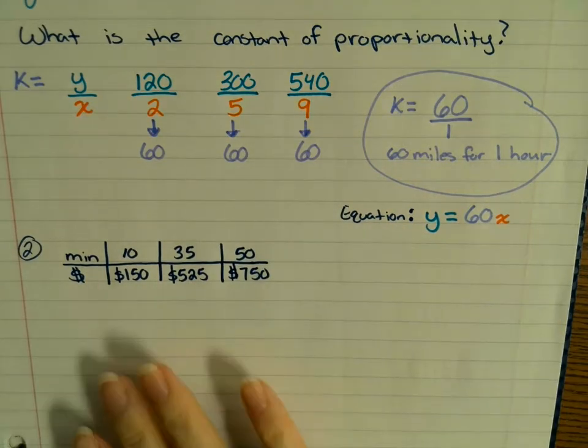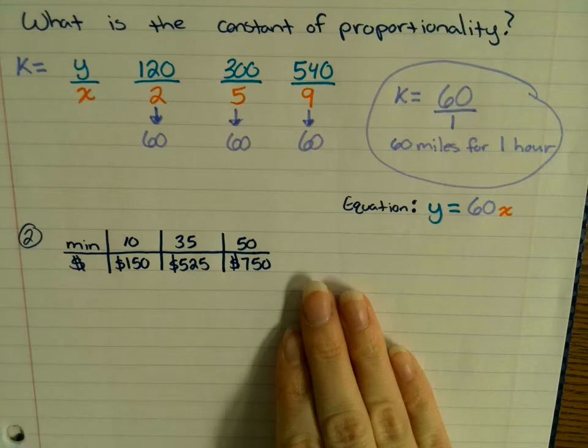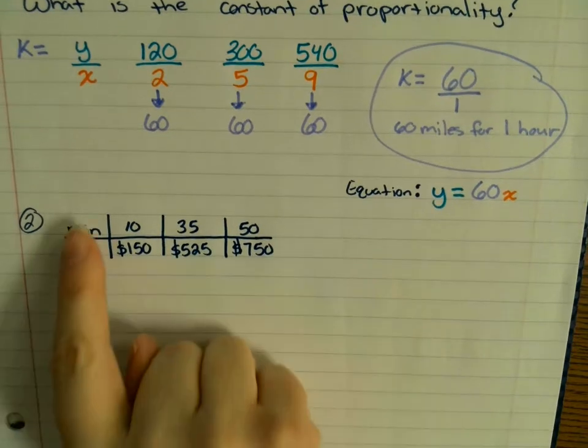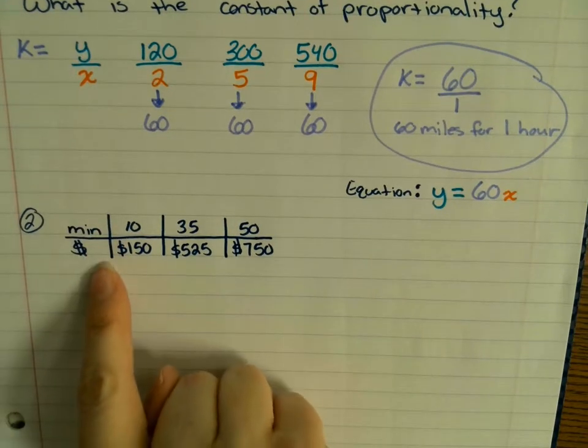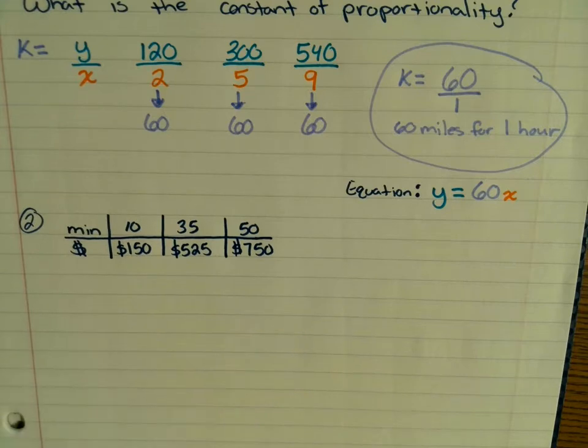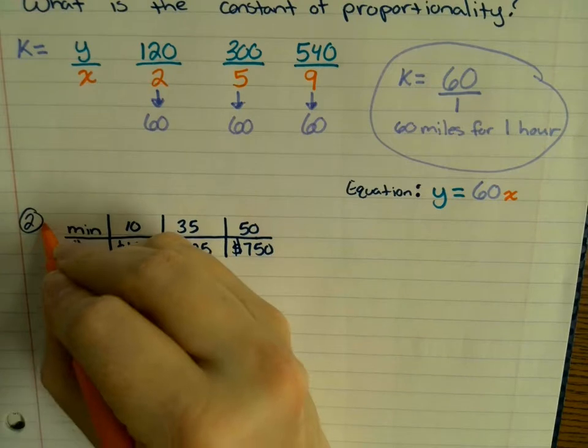So again, this is a horizontal table. Which of these values, minutes or cost, is going to represent the X? Minutes. Okay? X is going to be the minutes.